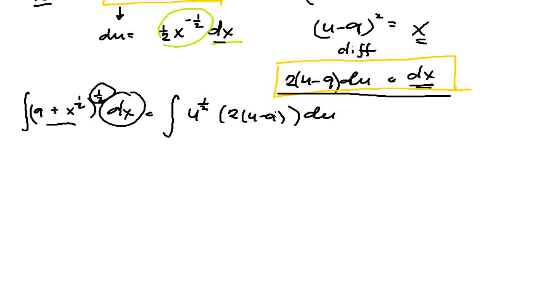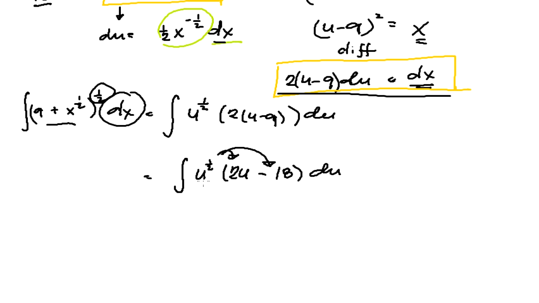Okay, so let us simplify our integrand. So we have u to the 1/2 times 2u minus 2 times 9 is 18 du.